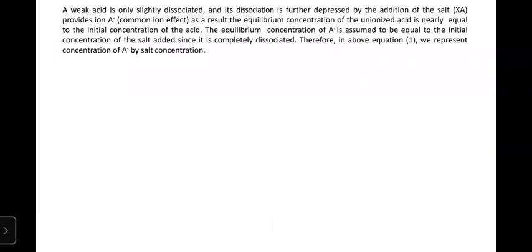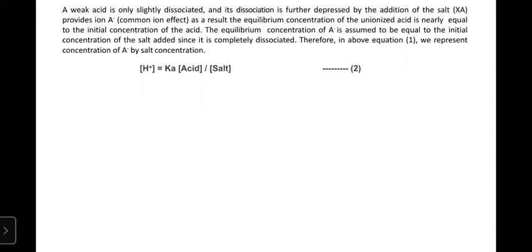A weak acid is only slightly dissociated, as you know, and its dissociation is further decreased by addition of salt, nothing but NaA, which provides the common ion A minus, the common ion effect. As a result, the equilibrium concentration of the unionized acid is nearly equal to the initial concentration of acid.